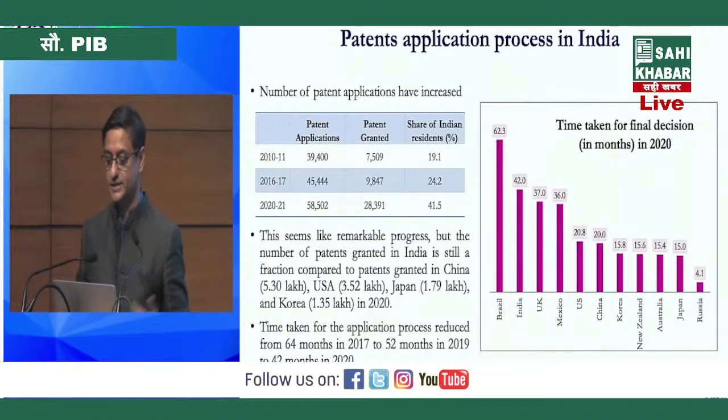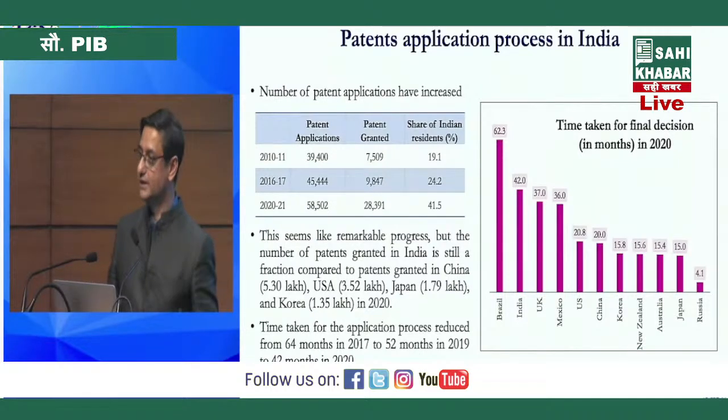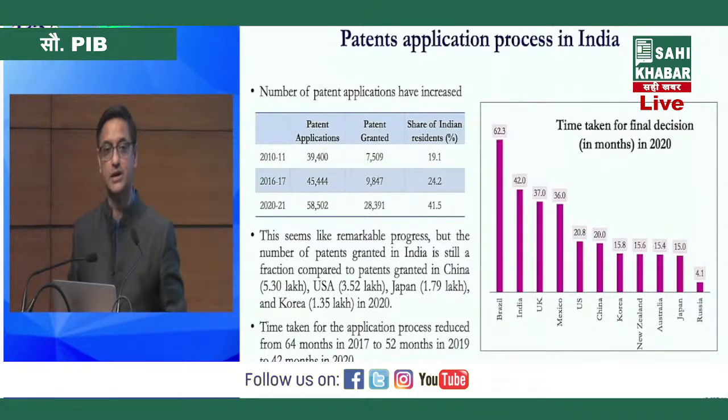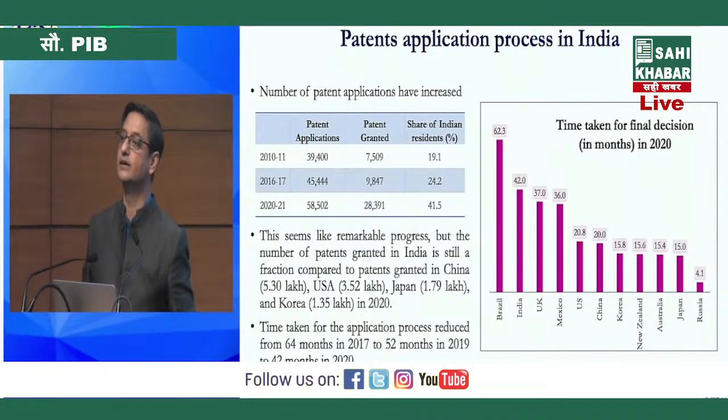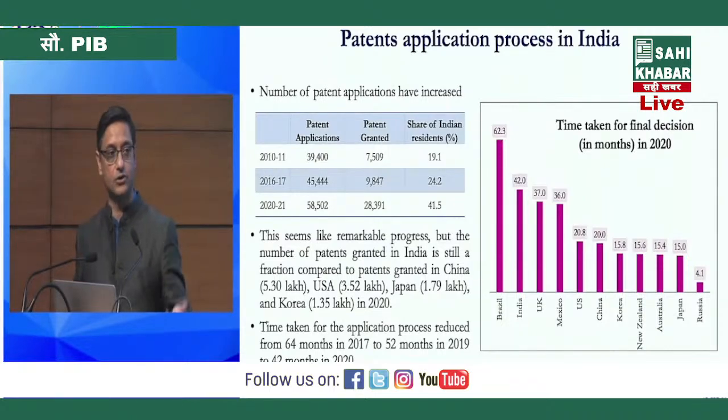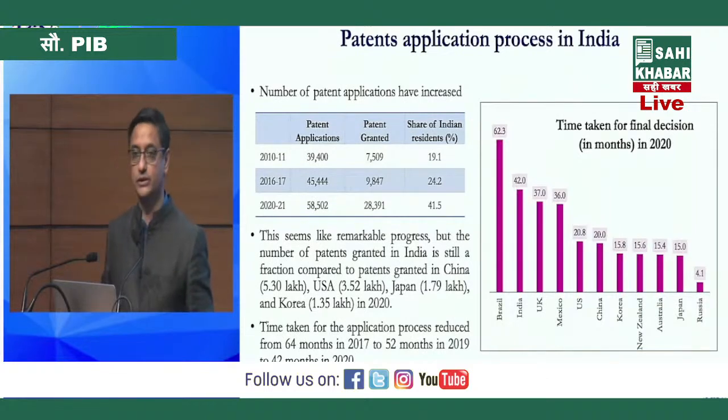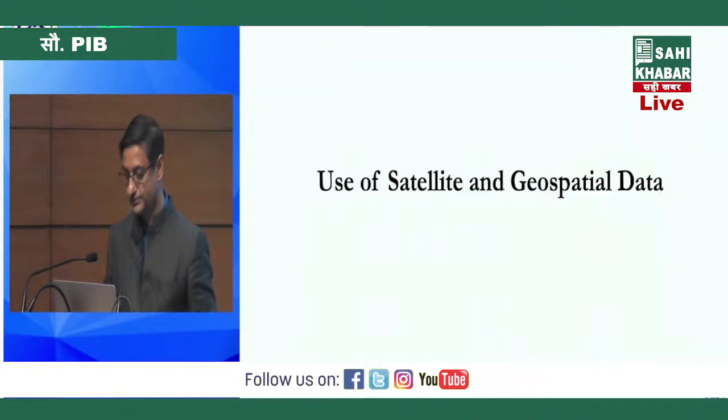There's geospatial data, satellite data, and so on. Particularly pertinent because, as I mentioned, one of the big supply-side reforms we have done in the last year or so has been to liberalize the space sector, the drone sector, the cartography and geospatial sector. I'm just going to very quickly flip through some very interesting slides that will give you a sense of how this new information can be used.